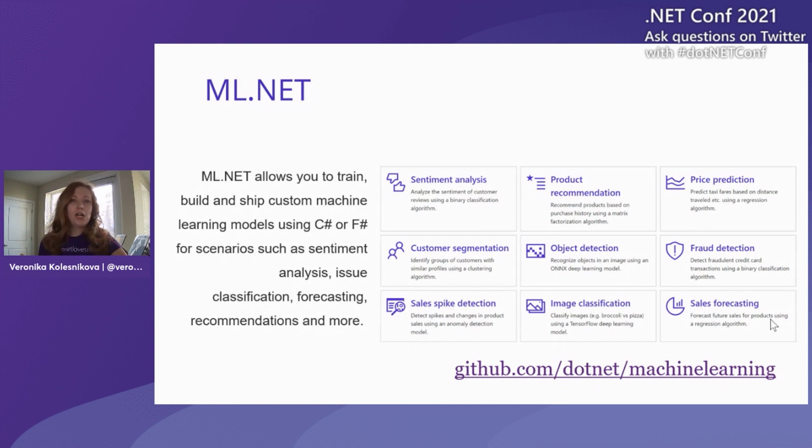So if you are trying to integrate some machine learning into your existing applications, or you are building new applications with that machine learning functionality in mind, then definitely take a look at ML.NET. It's all open source. So here I have a link to GitHub where you can see the code, you can submit issues, and all those open source benefits are there.